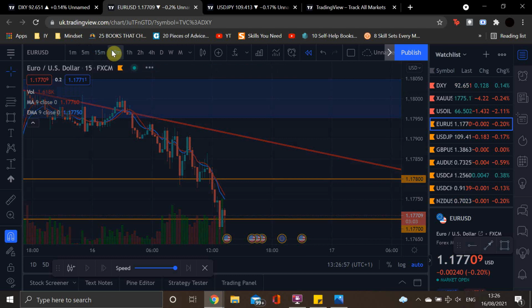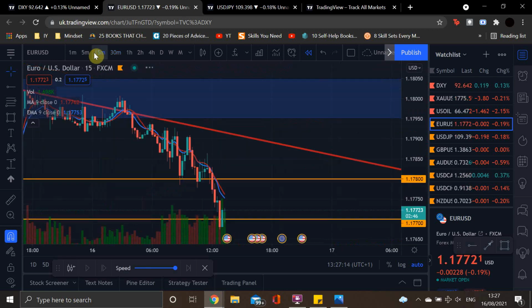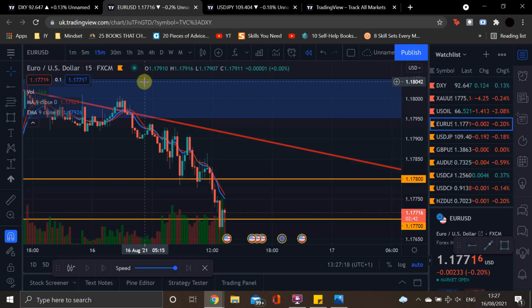30 minutes, I don't know what the 30-minute chart pattern is. Does that look like a dark cloud cover? Or no, sorry, a Piercing pattern. A Piercing pattern. And on the 50 minutes it's a bit funny. Kind of looks like a pin bar.